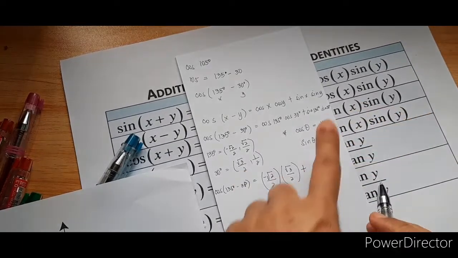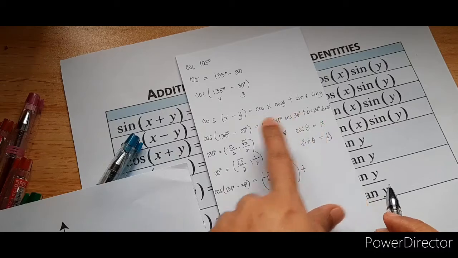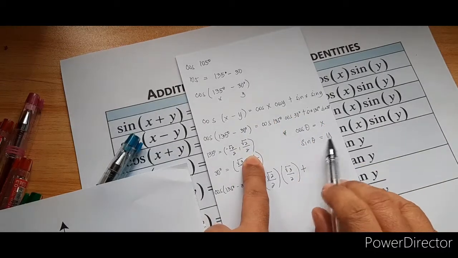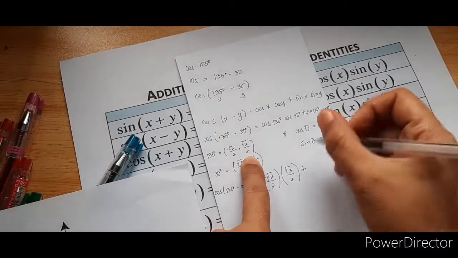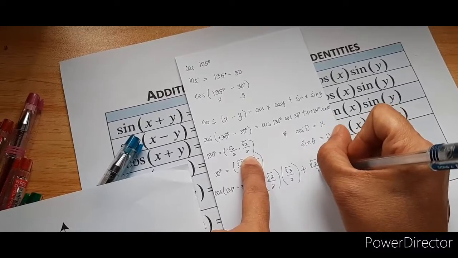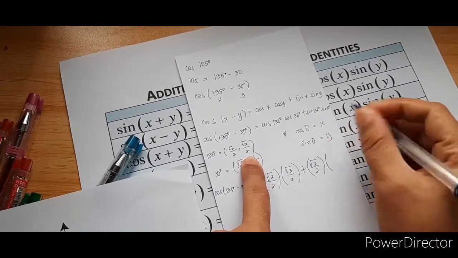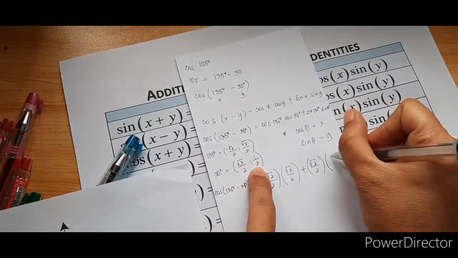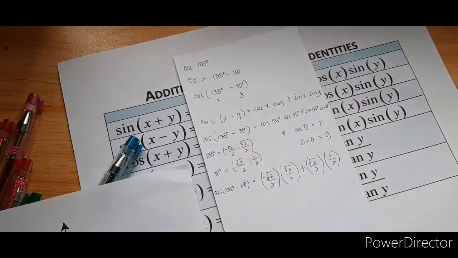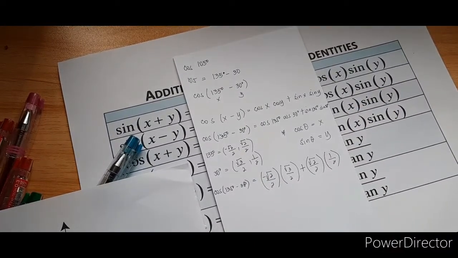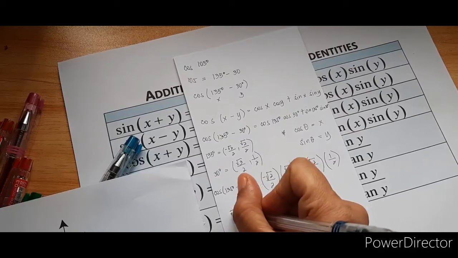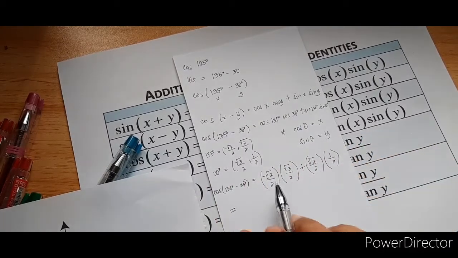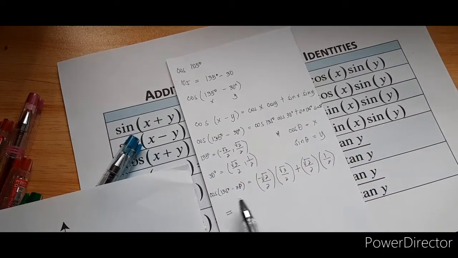Plus, ang sine 135 natin, ang sine theta natin ay yung y coordinate, which is square root of 2 over 2, multiplied by our sine 30 degrees, which is 1/2. Okay, so I hope nasundan nyo yon. Equals, wag na natin ilagay doon para may space tayo. Okay, so this means, ito na yung hinahanap natin.